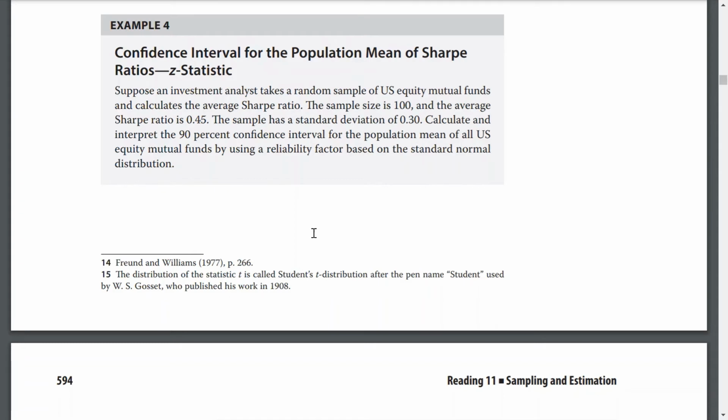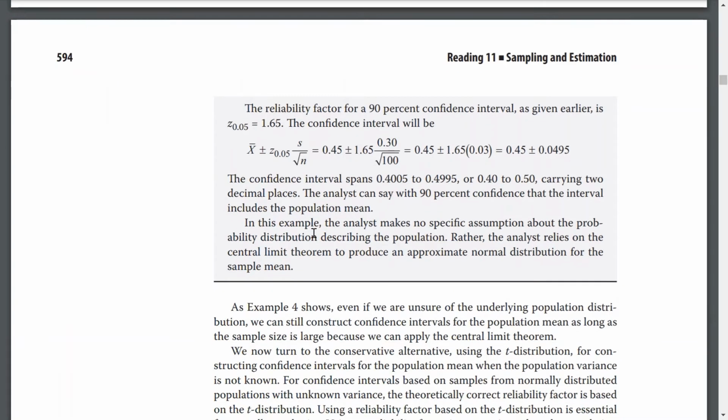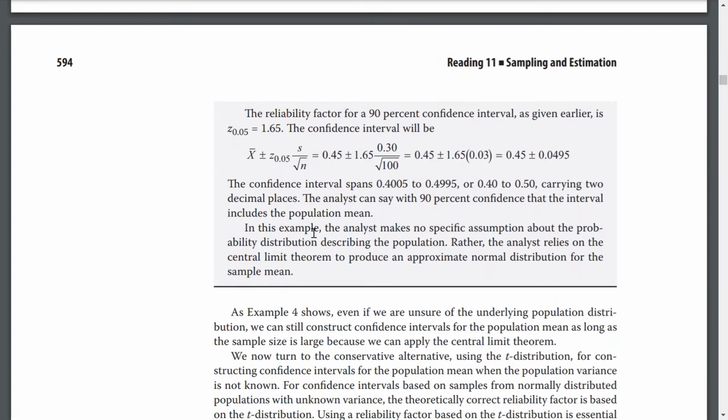Calculate and interpret the 90% confidence interval for the population mean of all U.S. equity mutual funds by using a reliability factor based on the standard normal distribution. The reliability factor for a 90% confidence interval, as given earlier, is z 0.05 or 1.65. The confidence interval will be this.